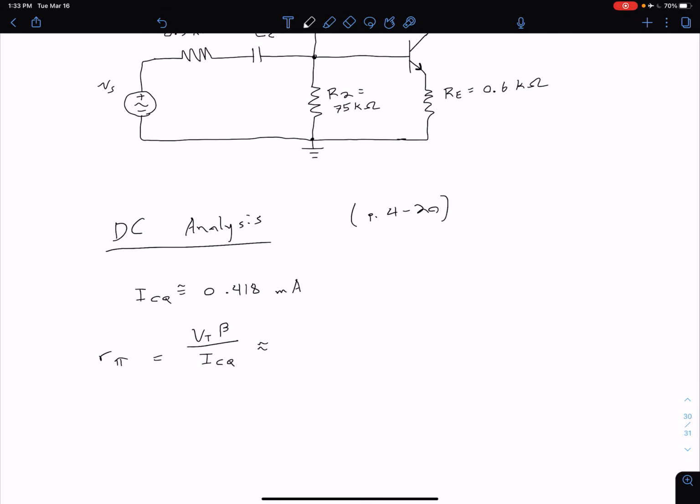If we assume room temperature, our VT is 26 millivolts or 0.026 volts. Our beta, as given in the previous video, was 120, and our ICQ is 0.418 milliamps. So plugging all of that in, we get approximately 7.464 k ohms for our diffusion resistance R pi.